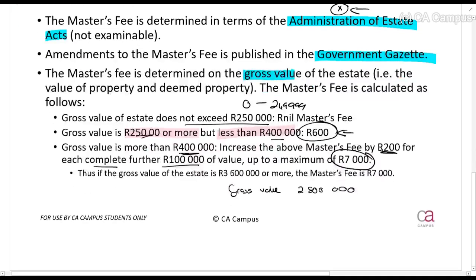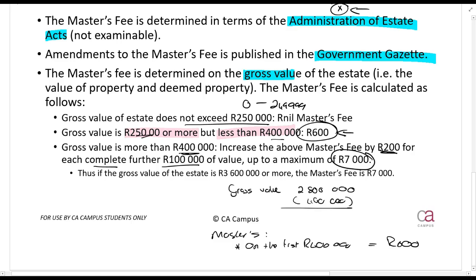The master's fee in this case will be, on the first 400,000, 600. Right, so then we say, I'm just showing you this for calculation, 2.8 million minus 400,000 gives us 2.4 million.